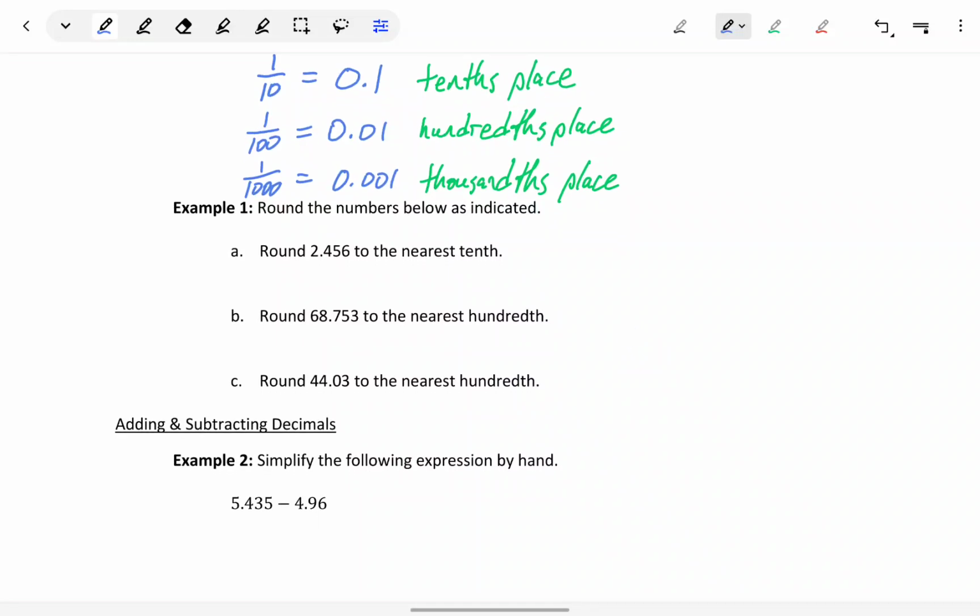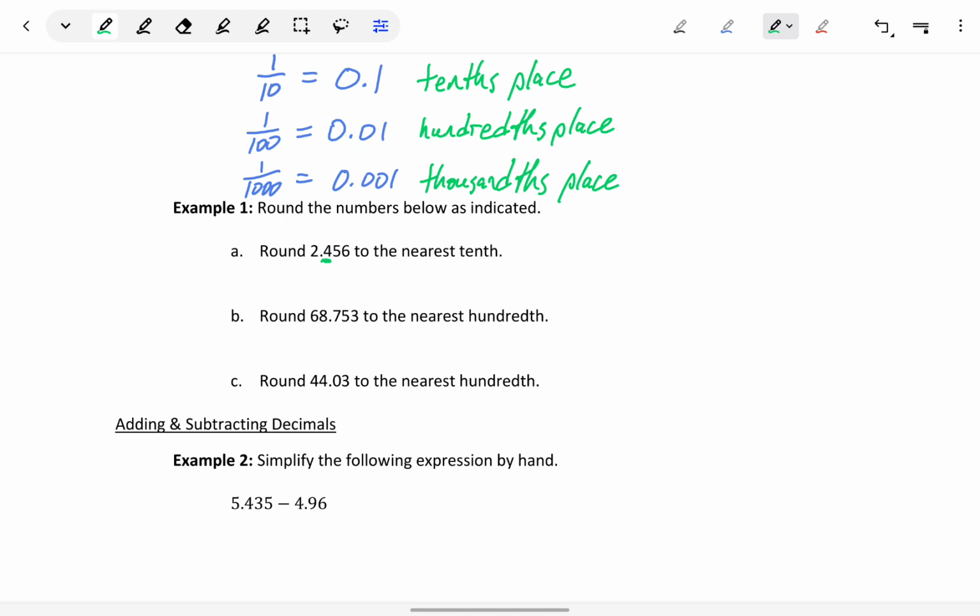Now we can use that language to help us identify how to round decimal values. So in example 1, we want to round each of the following values to the given place. In part A, we want to round 2.456 to the nearest tenth. The number that's in the tenths place in this case is the 4 right after the decimal place.